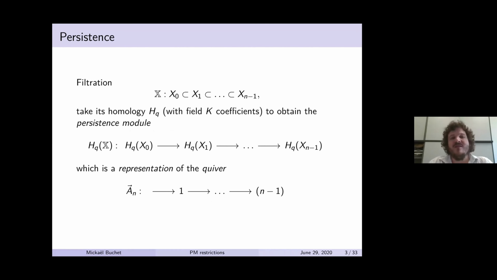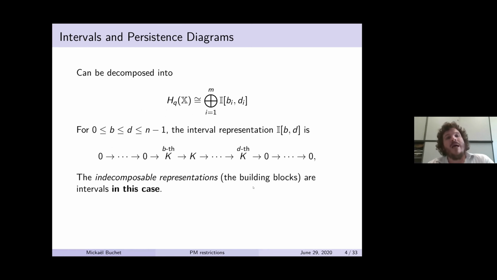So we're talking about persistence. The natural idea about persistence is always we start with a filtration, we take its homology, it gives us a sequence of vector spaces and linear maps. And we can also see that just as a representation of a linear quiver. A classical result is that it can be decomposed into intervals, and by interval I mean [b_i, d_i).